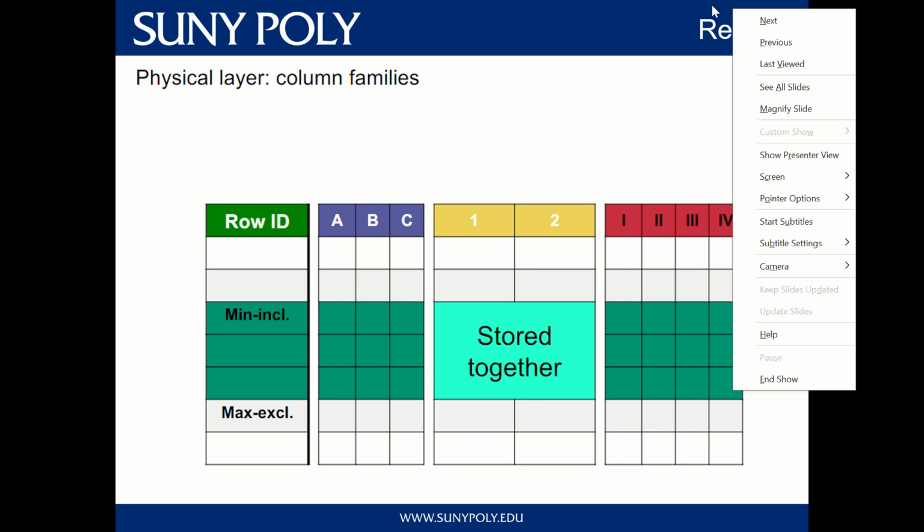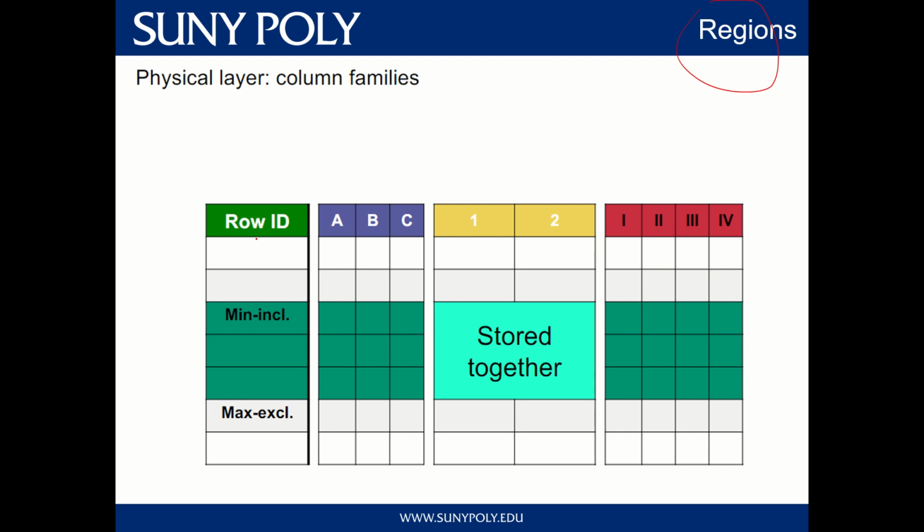So for that purpose, let's talk about regions. Once we have our big table, you can define regions. To define a region, you need to mention the minimum row ID that's going to be included, and the maximum row ID. So this is a region. That means that this is going together.